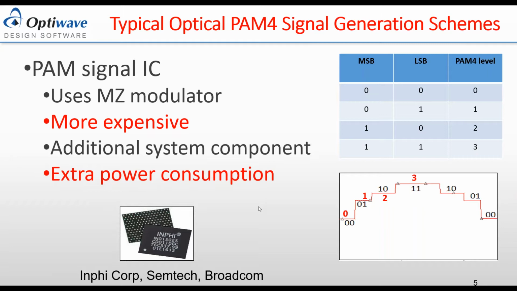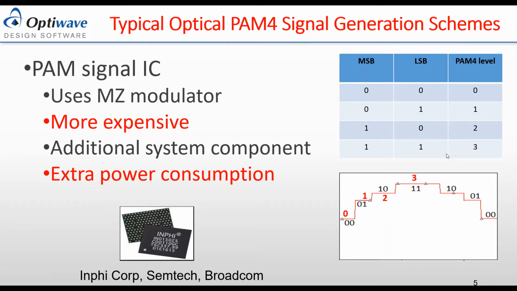Each of those 4 levels represents 2 bits, depending on the combination: 00, 01, 10, 11. There are many different schemes; you could use the Gray coding scheme, or other schemes. It's up to you. In the end, irrespective of the coding scheme, if you have the appropriate DSP, it will take care of the coding scheme.